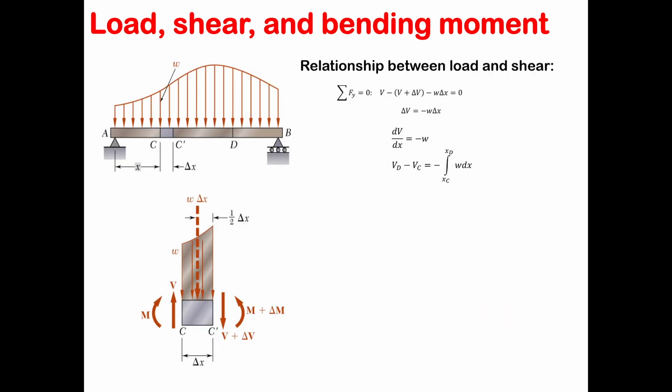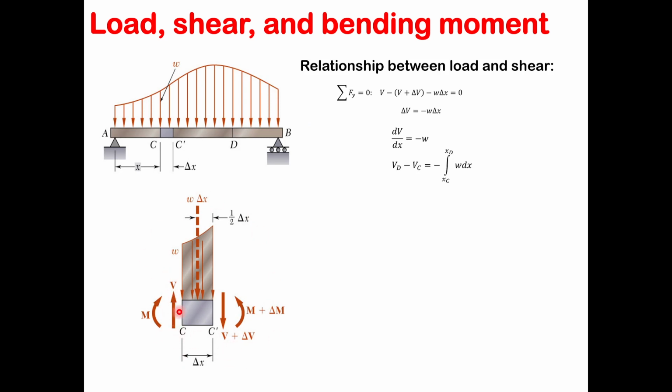So let's do this. Let's talk about this type of load. Let's say we have a distributed load with this type of distribution, right? Sigma of F in the y direction must be equal to 0, which means that we are analyzing this section right now, right?